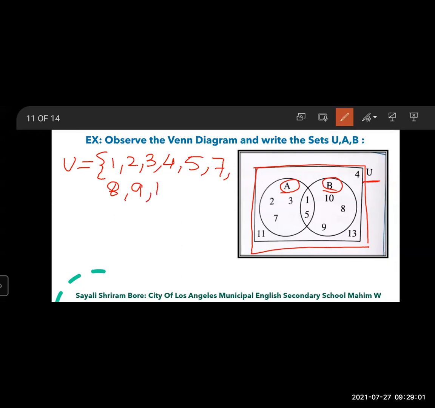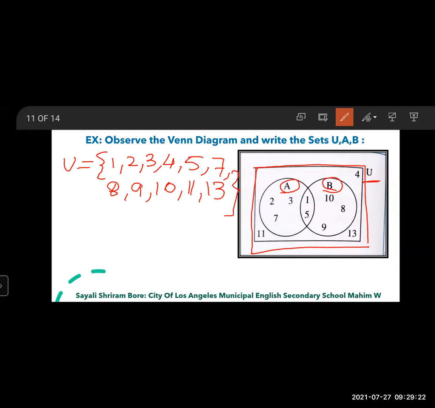Then 10. 11. 12 is not there. 13. Okay. Any more after that? No. 13 is the last one. So U is equal to 1, 2, 3, 4, 5, 7, 8, 9, 10, 11, 13.